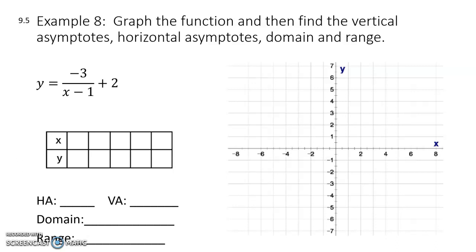So for your homework assignment, I'm going to post more specific instructions on this when we get to Google Classroom. But only do the questions that basically look like this.